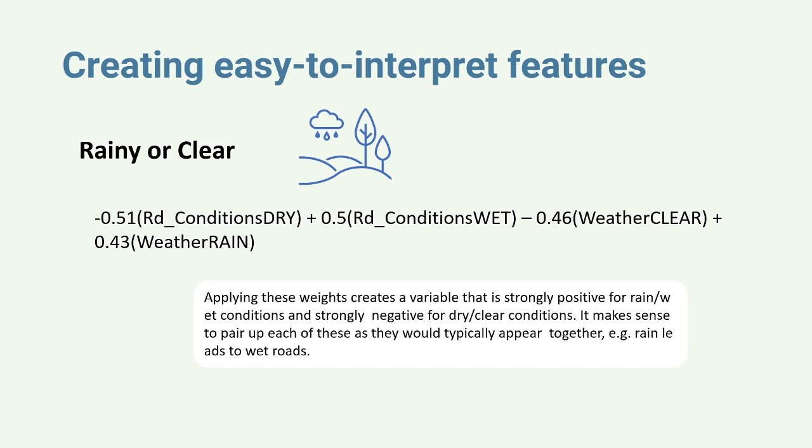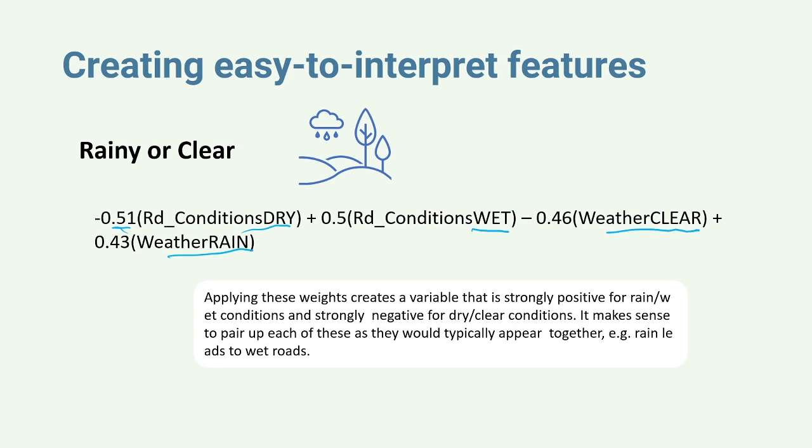Remember, this is in a communication exam, and so the goal is to create something that is easy to explain. An example is a rainy or clear variable. This is 0.51 times conditions dry, and then conditions wet, weather clear, or weather rain.